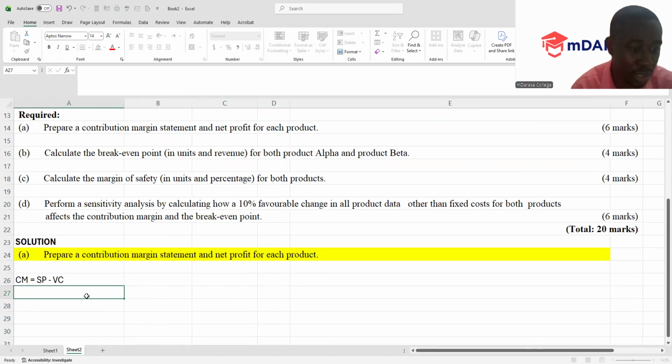That is one element. We talk about contribution as total sales minus total variable cost. And in another way of determining our profit, recall, profit will always be our contribution minus our fixed cost. These are just the basics that Mwalimu had guided us on.